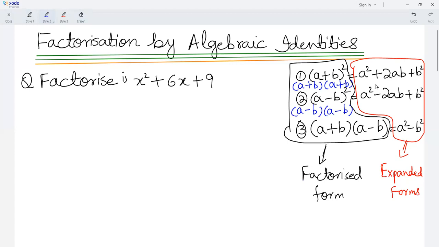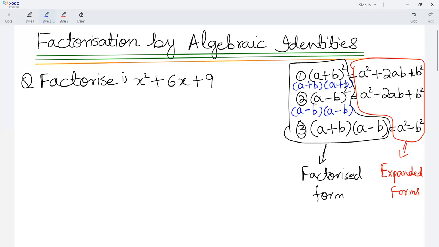Just look at the identities: in which of them are there three terms in the expanded form? You can clearly see in the third identity there are just two terms, and in the first and second equations there are three terms. If there are three terms, look at the first term and the last term of the given question.